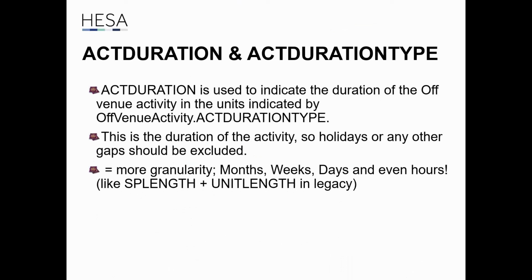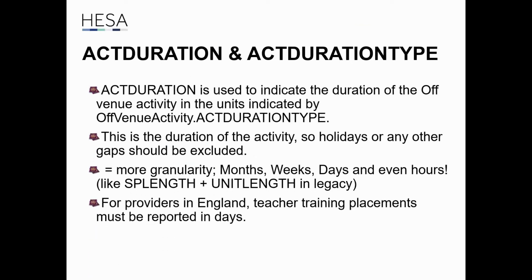So this gives you more granularity. It's very much like how SP length and unit length works in legacy. You can record even down to the number of hours of a placement, if you'd like. But you can also record in days, weeks, which is the equivalent to mobility, or also months. For providers in England, however, when they're doing a teacher training placement, it must be reported in days.